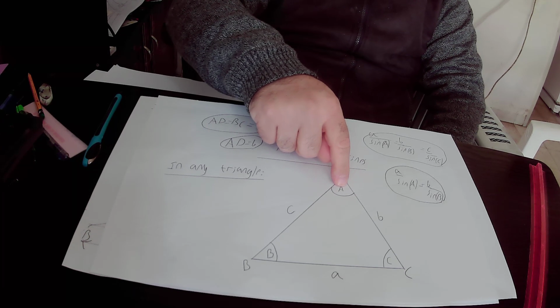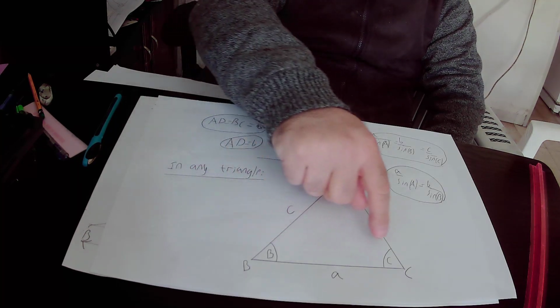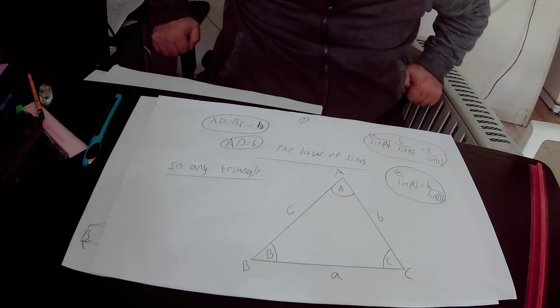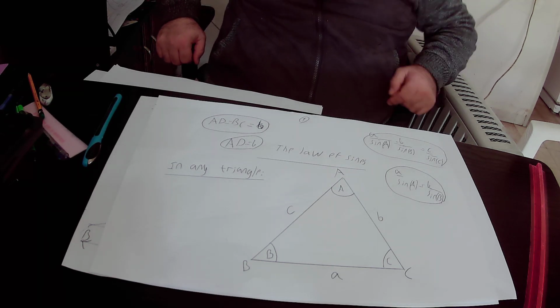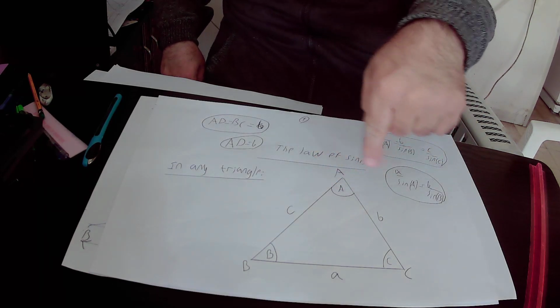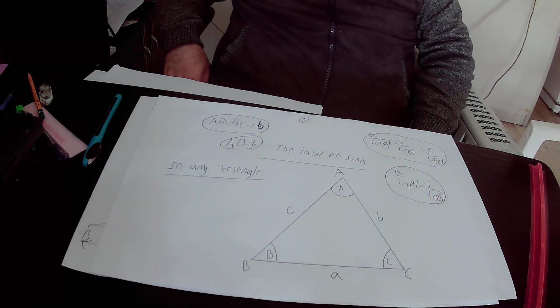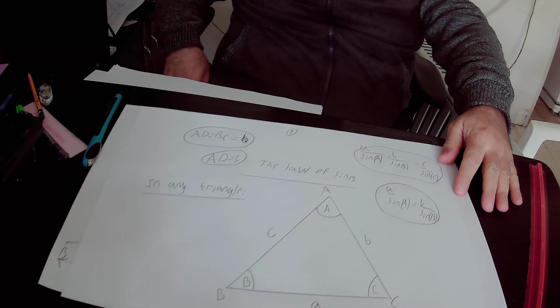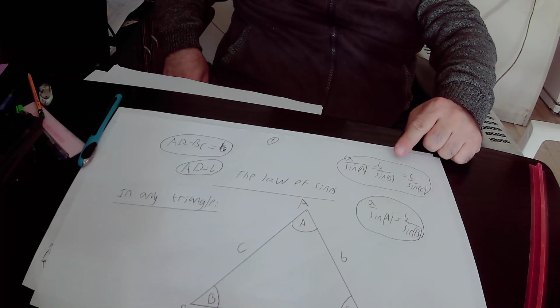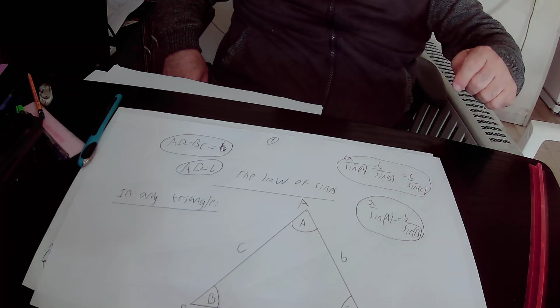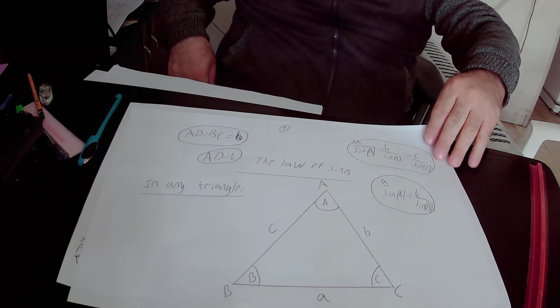This is angle A, this is angle B, and this is angle C. Then according to the law of sines, A over sine A equals B over sine B equals C over sine C. From this formula we will derive that A over sine A equals B over sine B.